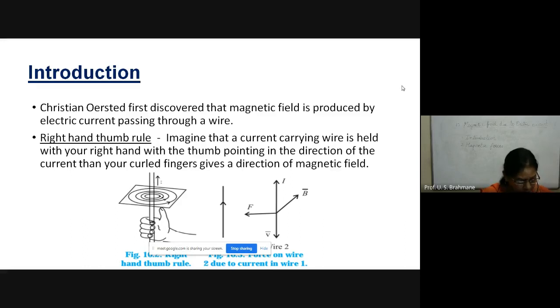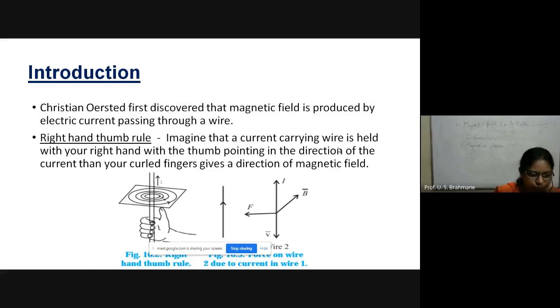Maxwell himself worked theoretically and highlighted the close relationship of electric and magnetic field. And there are many practical applications which we come across daily in our lives: electrical motors, generators, communication systems, and computers.